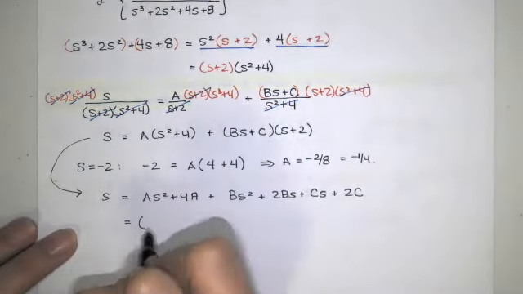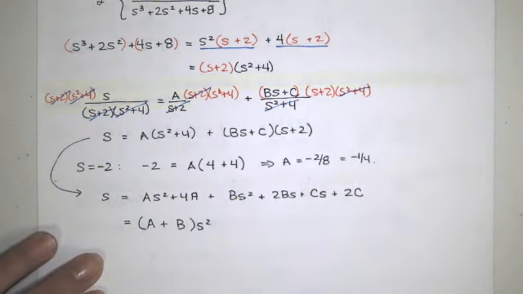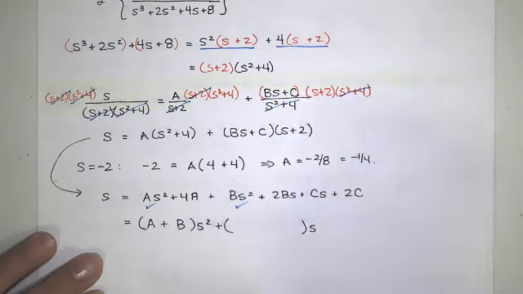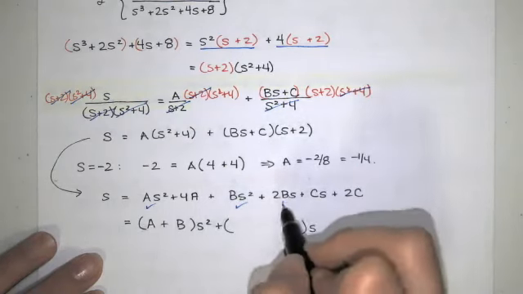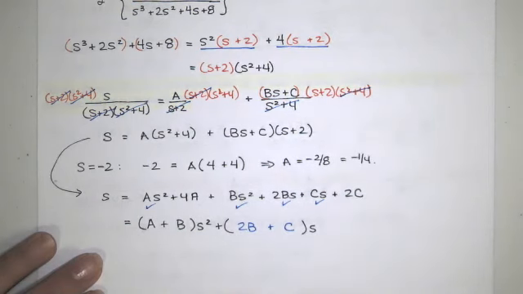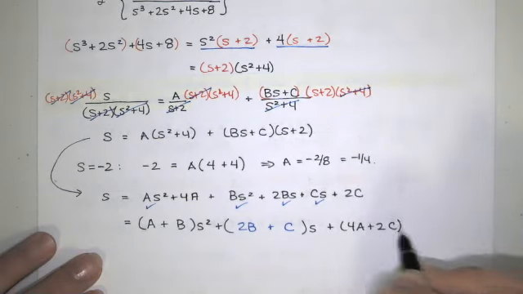And now I want to collect like terms in s squared, or collect like terms in s. So I've got an A plus B times s squared there. And then I want to collect my s terms. I've got a 2B plus C multiplied by s. And then my constant terms are 4A and 2C.